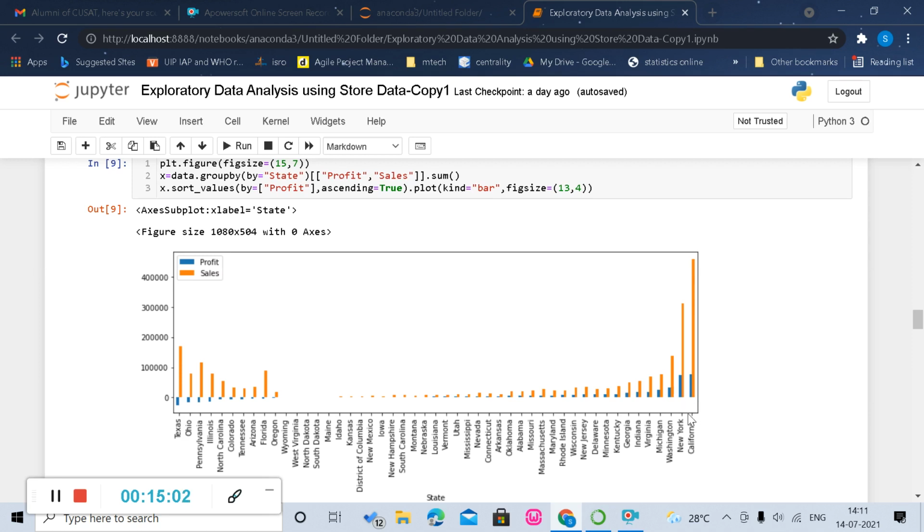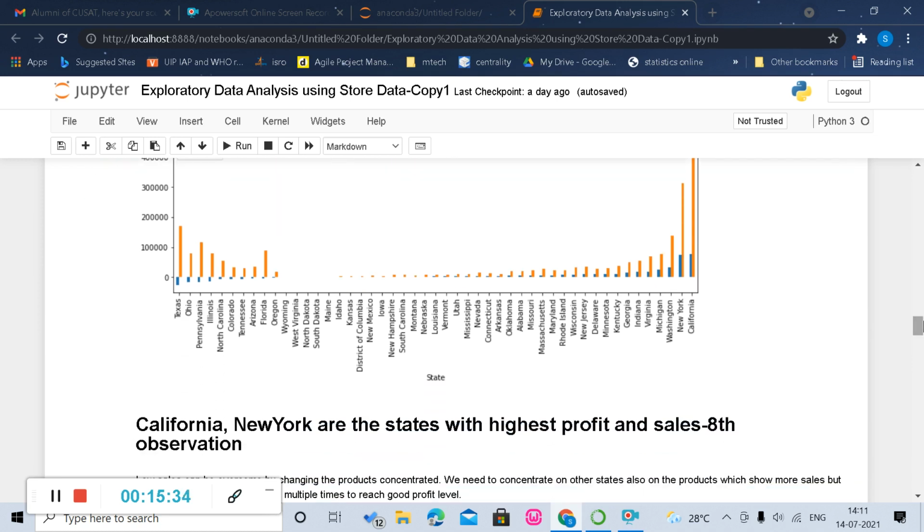From there onwards till California, there is an increase in profit and also sales. Here also sales are happening, but you are not getting that much profit in these states. Coming to this side, California and New York are the two states that make the most profit and most sales. Okay, so that is the next analysis.